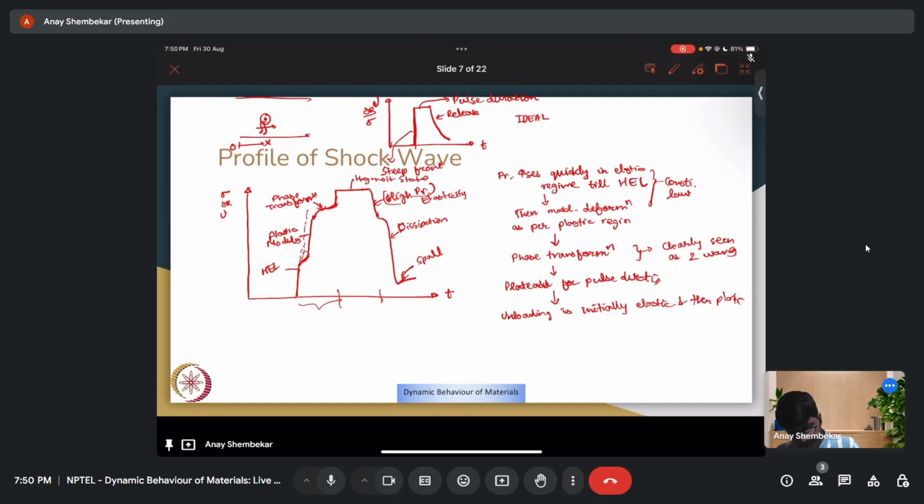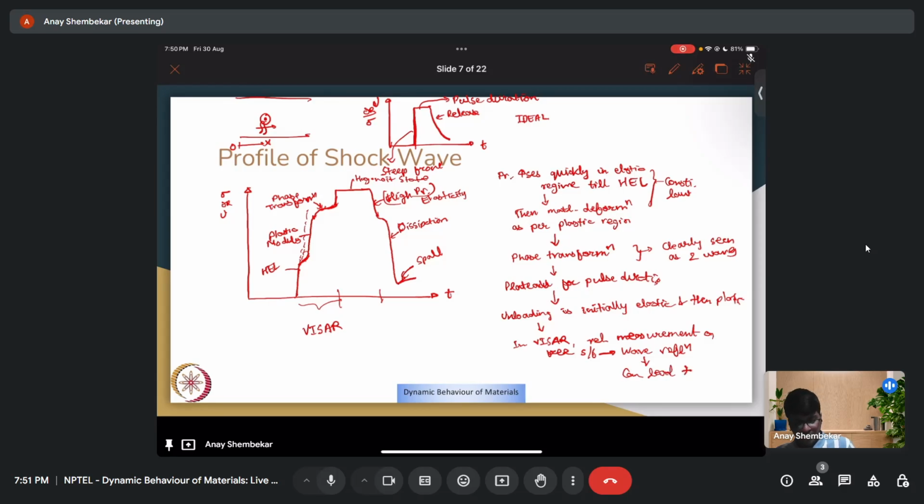And finally, this is obtained using the VISAR technique. So in VISAR, you have velocity measurement on the free surface, which leads to wave reflection, which can lead to spalling.